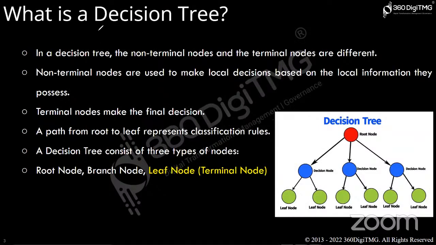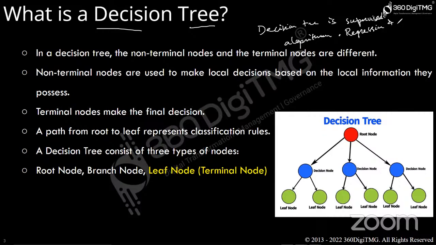So now what is a decision tree? Decision tree is a supervised algorithm and can be used for both regression and classification.